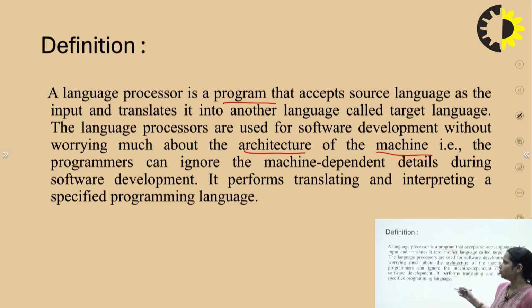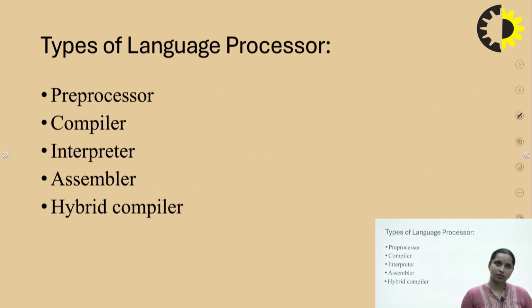So just remember that a language processor is a program that accepts the source language as an input and translates it into the target language as an output, without taking care of the architecture involved.